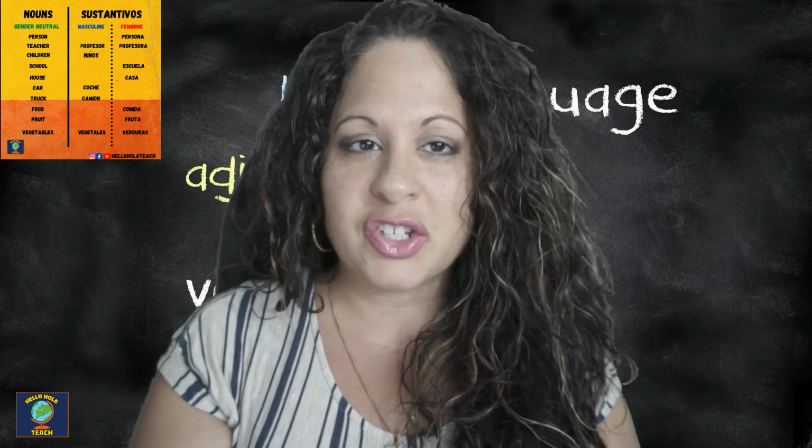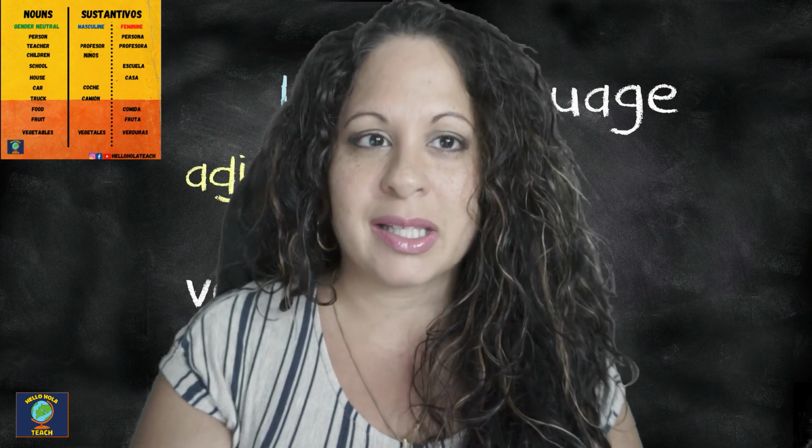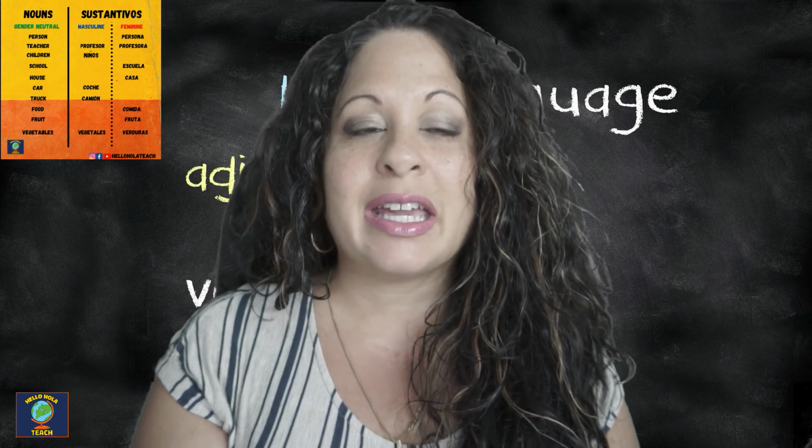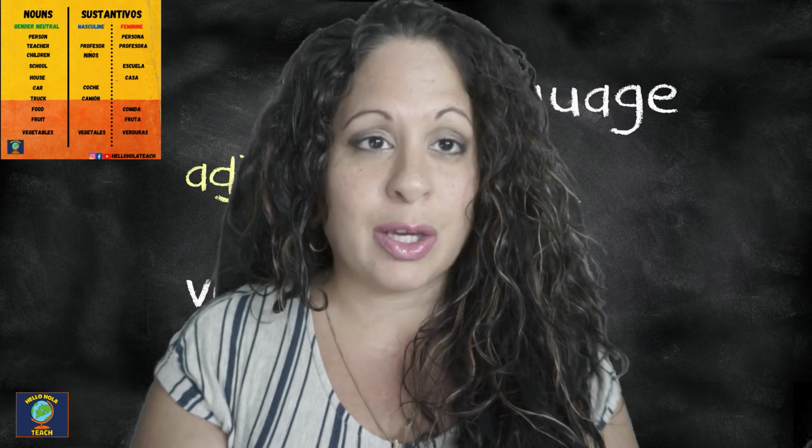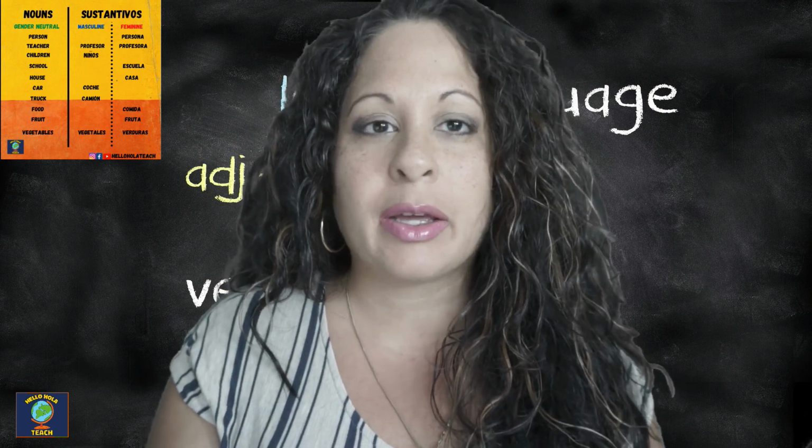So in both English and Spanish, we have singular and plural. We also have masculine and feminine. En español tenemos singular y plural y también tenemos masculino y femenino. So when it comes to nouns, especially in English, they are gender neutral, as in a person, a house, a car, a vegetable.